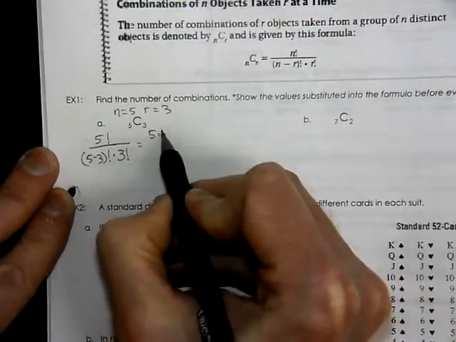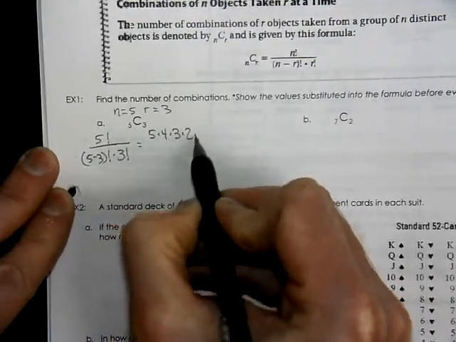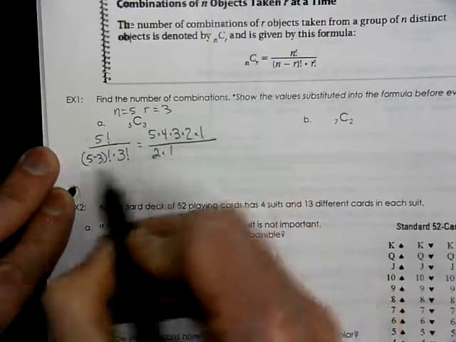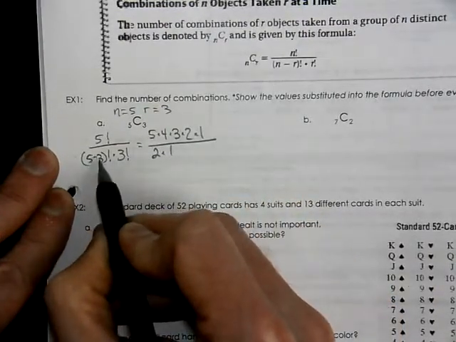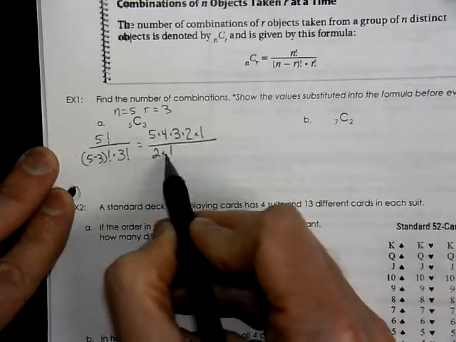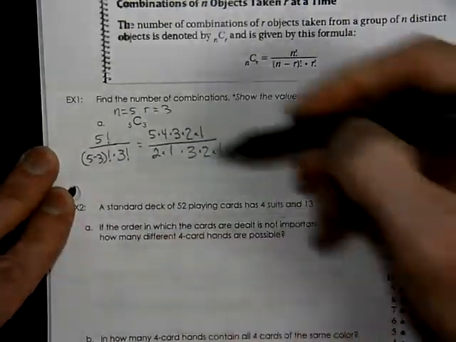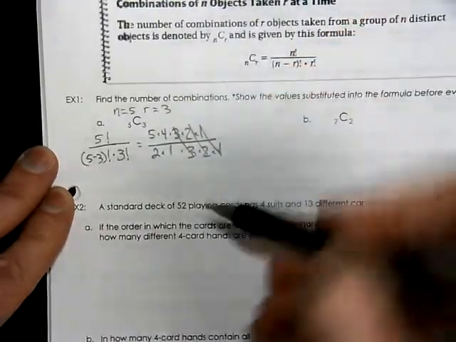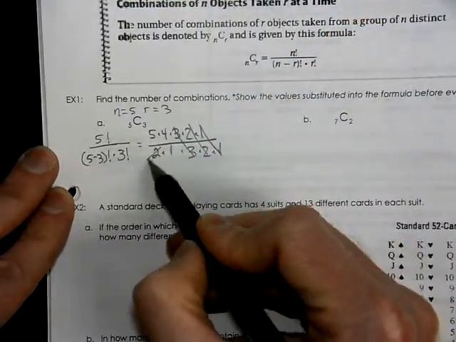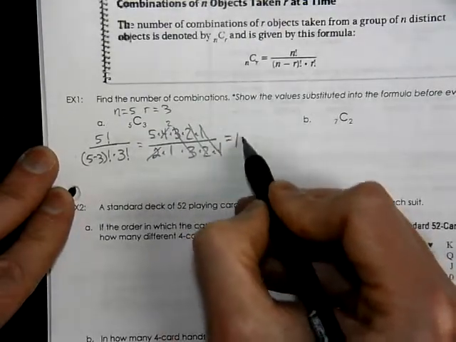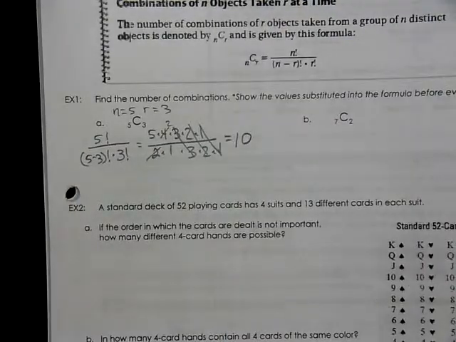That gives us 5 times 4 times 3 times 2 times 1 over 2 times 1, because 5 minus 3 is 2, and 2 factorial is 2 times 1, times 3 times 2 times 1. You can reduce that, and the 2 can still reduce with the remaining 4, so we get a value of 10. So 5C3 is 10.